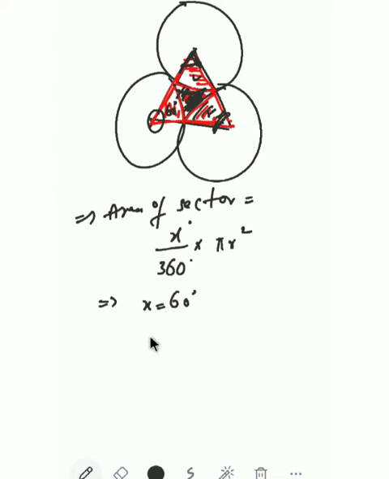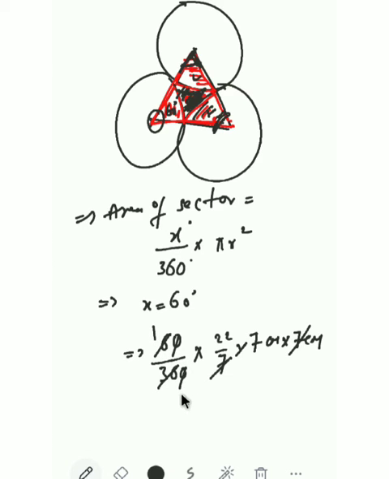So 60 by 360 into 22 by 7 into 7 centimeter into 7 centimeter. 7 gets cancelled, 0 gets cancelled, 6 ones are 6, 2 threes are 6, 2 elevens are 22. So 11 into 7 centimeter by 3.